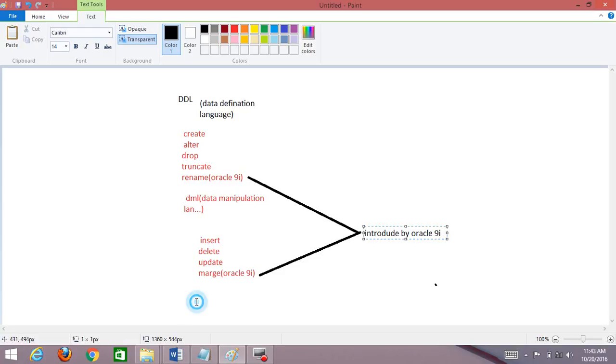Then another new topic is data query language, DQL. DQL is the short form name.